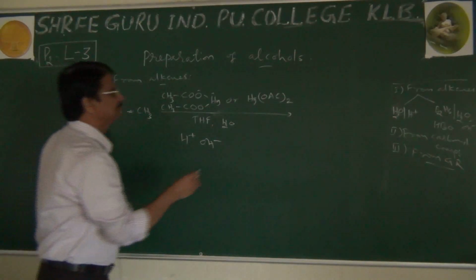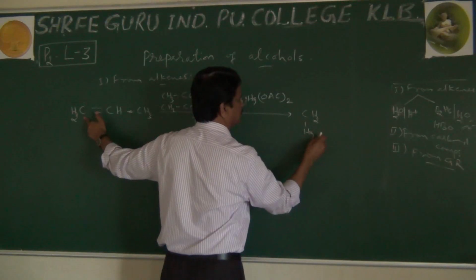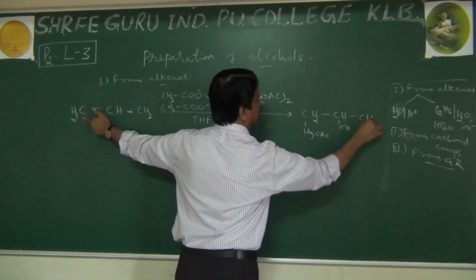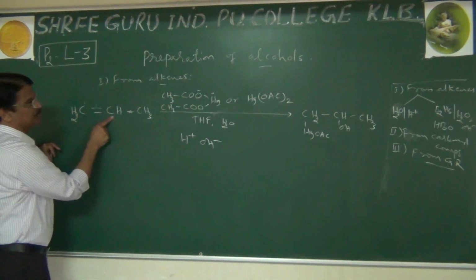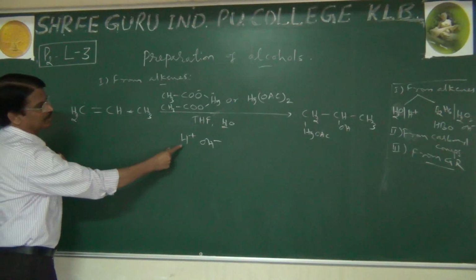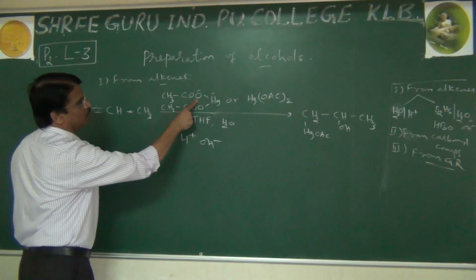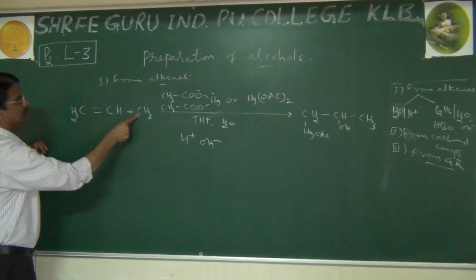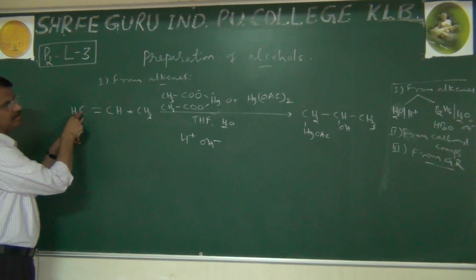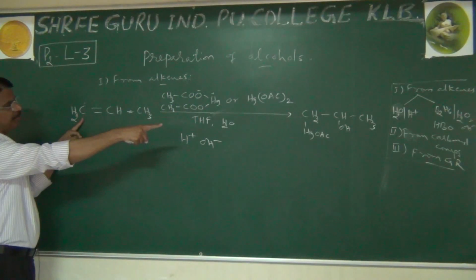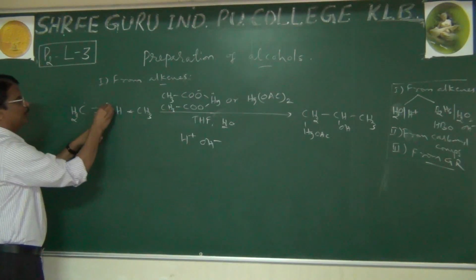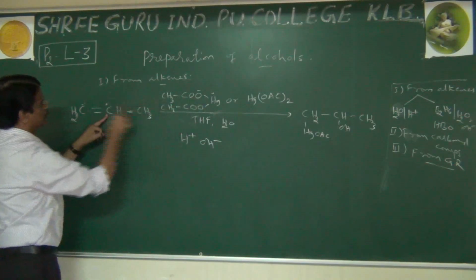Then we get the CH2-HgOAc and CH-CH3 intermediate. The OH group goes to the CH carbon, and H plus goes to the CH2 carbon.